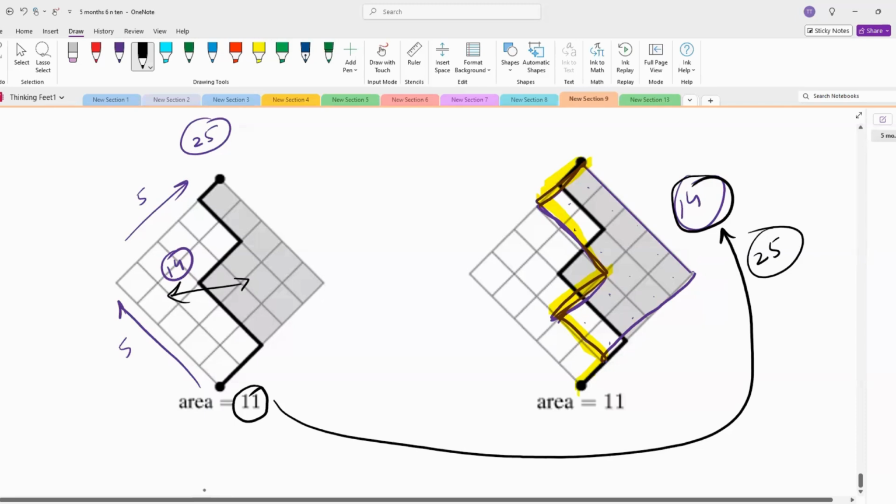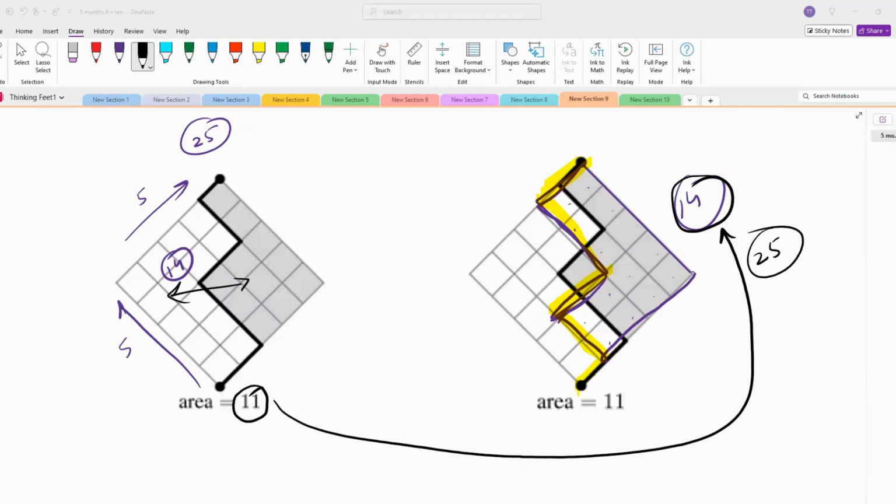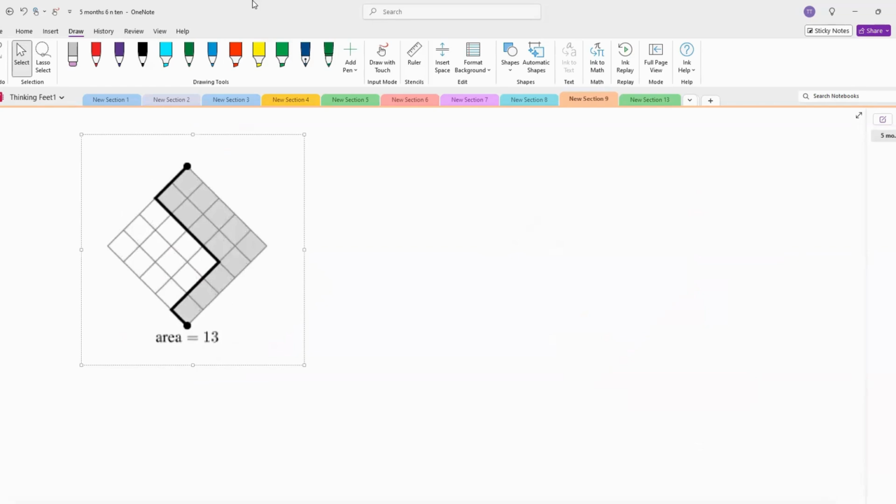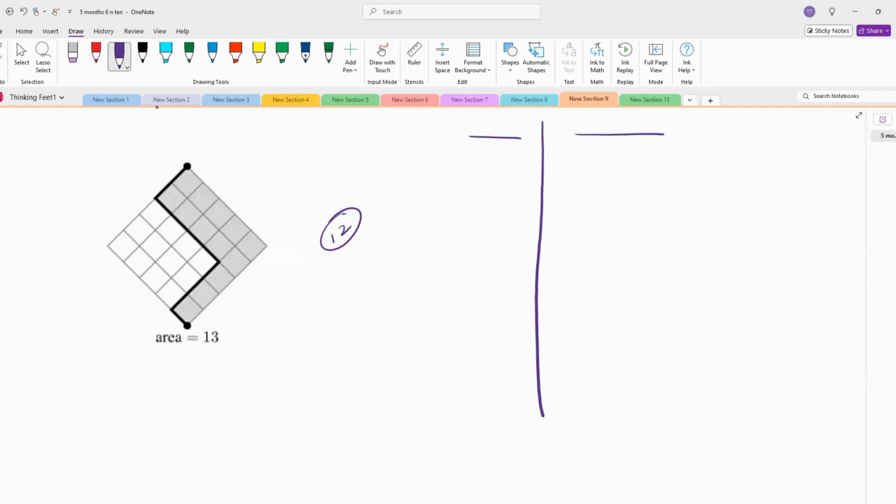So 11 and 14. So the other picture that was given to us has an area of 13. So for every path that has an area of 13, I can find a path that has an area of 12. Okay, so if I essentially take all my paths and put them in two different columns of a table such that the addition is 25, I can do that because of symmetry, right?